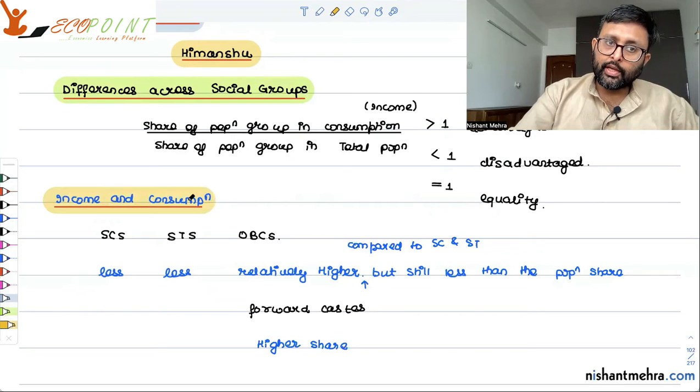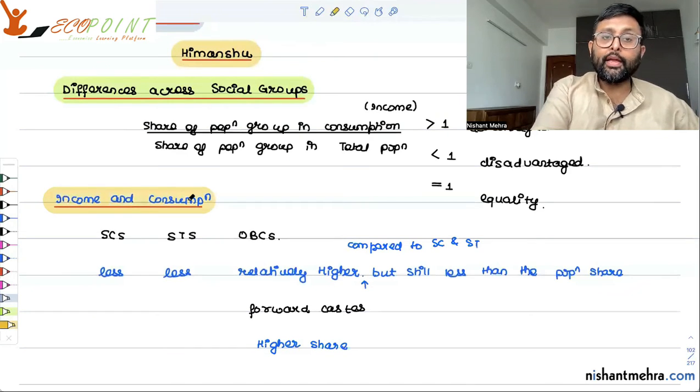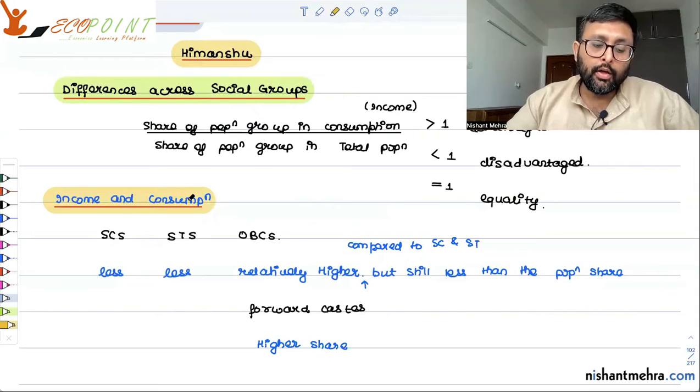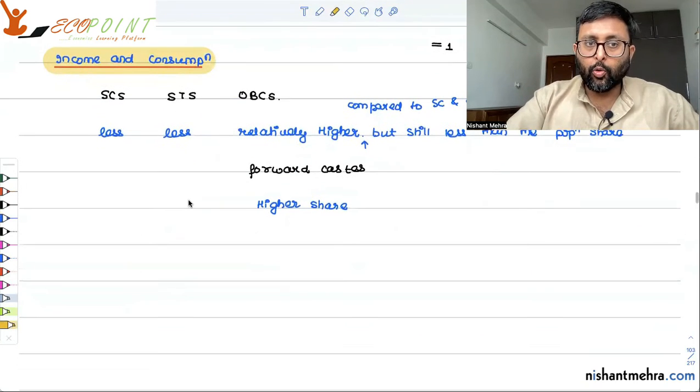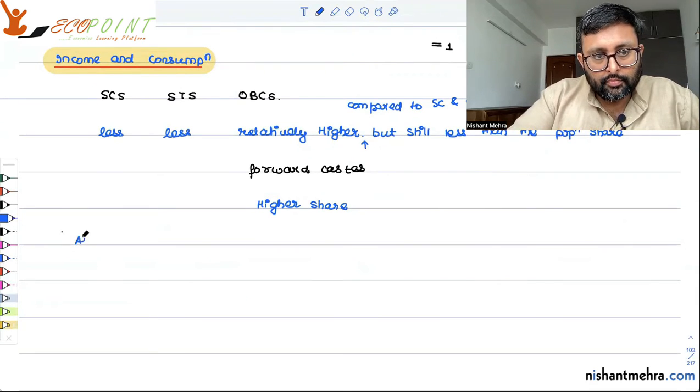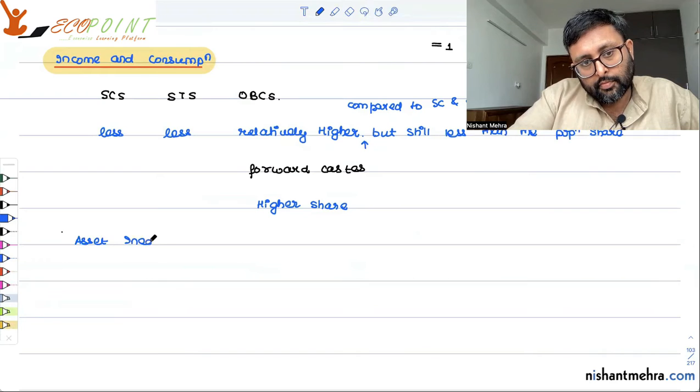So you are looking at the inequality from the income and consumption side. The other way is that you can look at inequality from the asset ownership side, from how much of the assets these different groups are owning. Asset inequality.